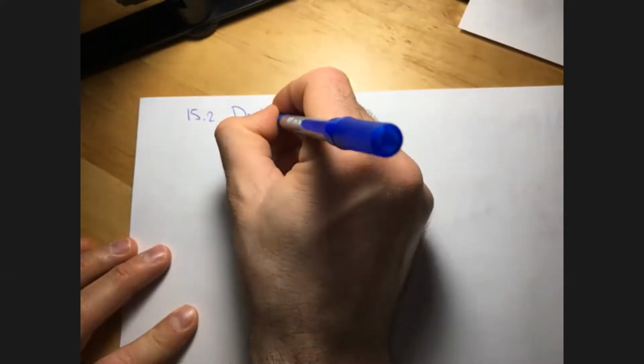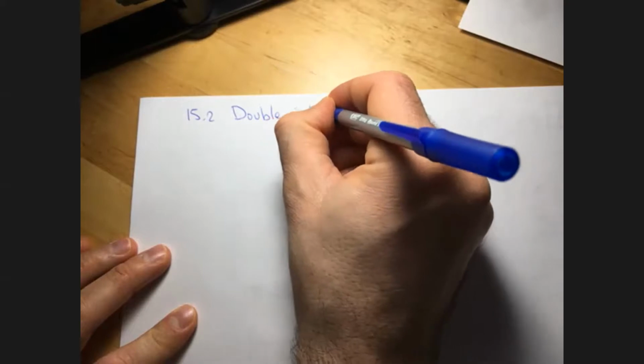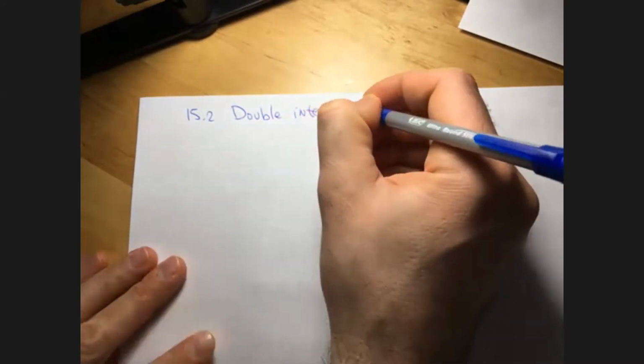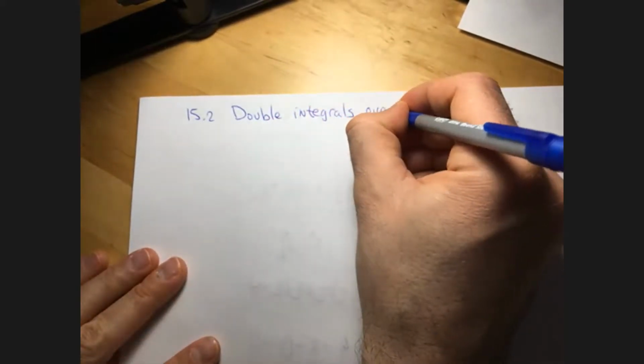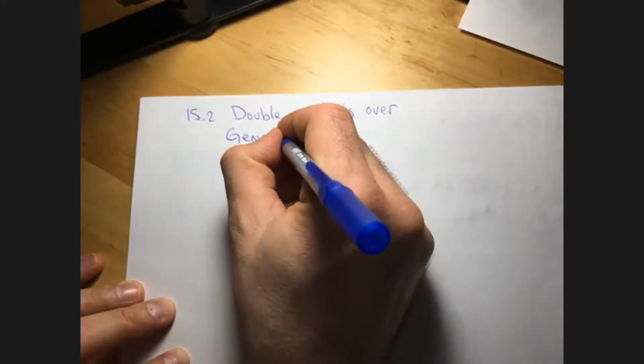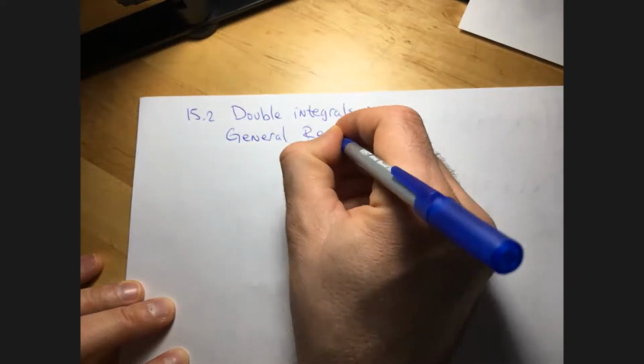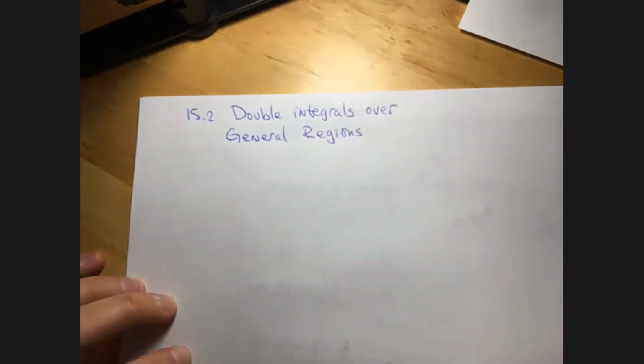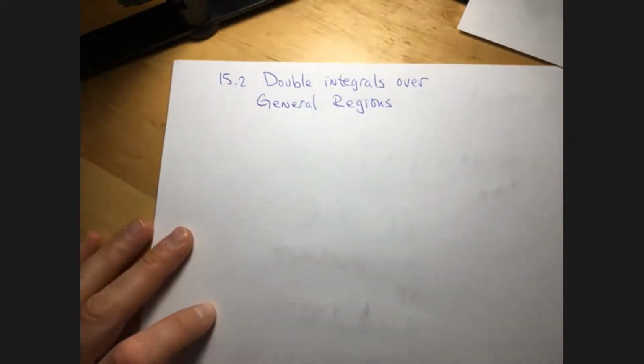section, which is 15.2, double integrals over general regions. So what does that mean?